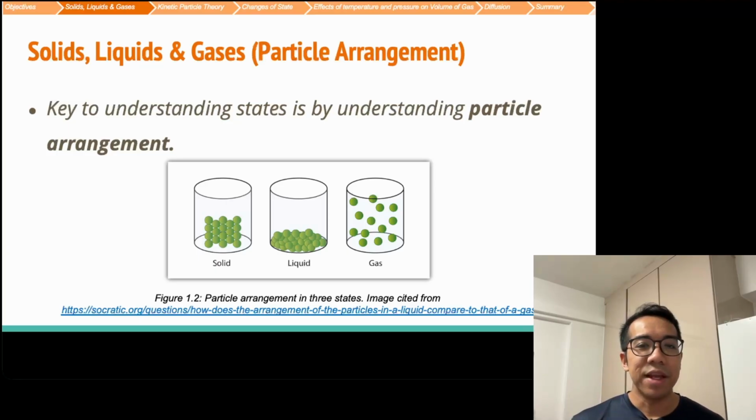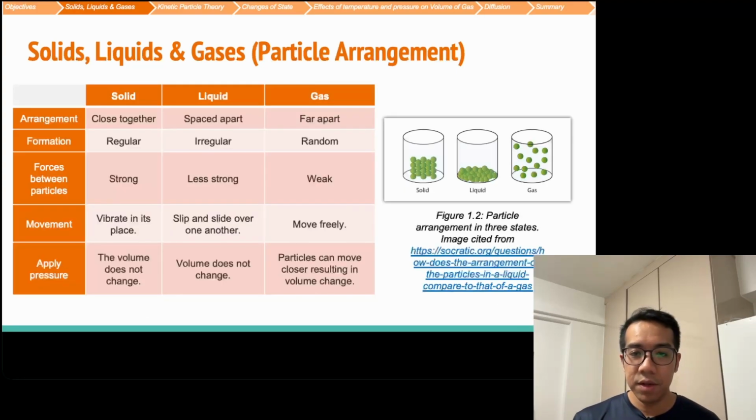So the key to understanding states and how they behave is to understand particle arrangement. As you can see, the tiny particles that I mentioned earlier are arranged very differently across the three states. In solids, liquids, and gases, you can see some form of differentiation. And that can be further explained by this table you see here.